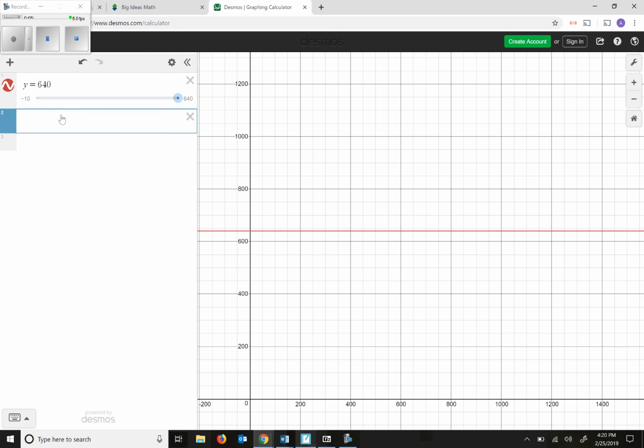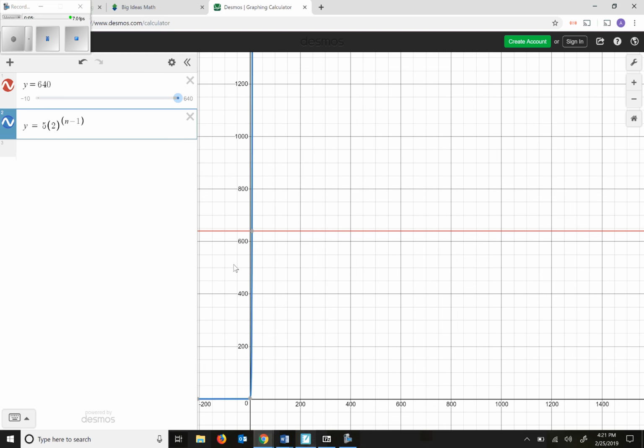And then for the next one, we are going to type in y equals 5 times 2, raised to the n minus 1. Okay, so there's that other one.